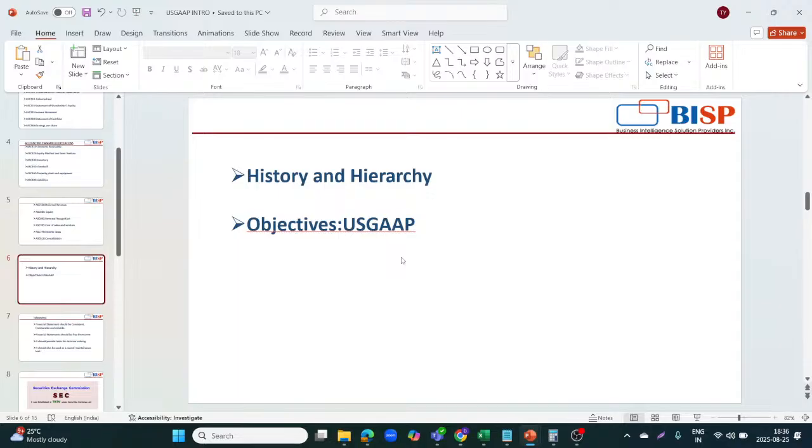If in the financial statement there is an error and it is a material error, then it should concern the investors and auditors about the company's performance and the business benefits. So the financial statement will tell you everything in detail. What's the position of the company, if there is any error, it should be error free, it should be comparable to the industry standards. So the objective of US GAAP is to ensure that the financial statements provided to the investors are accurate and free from errors.